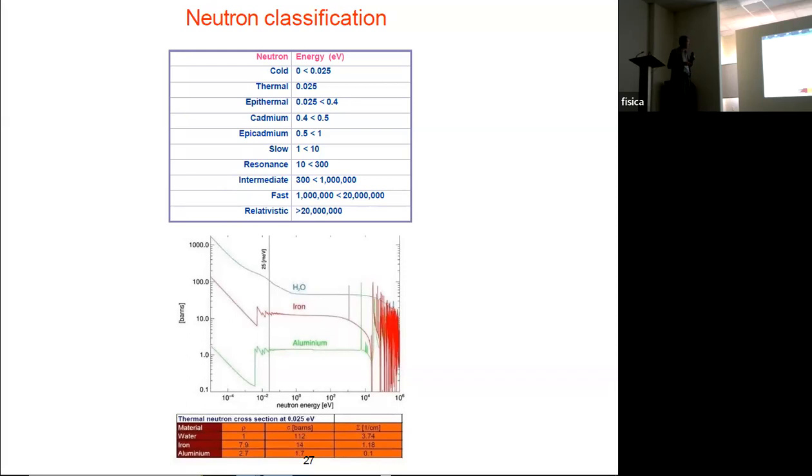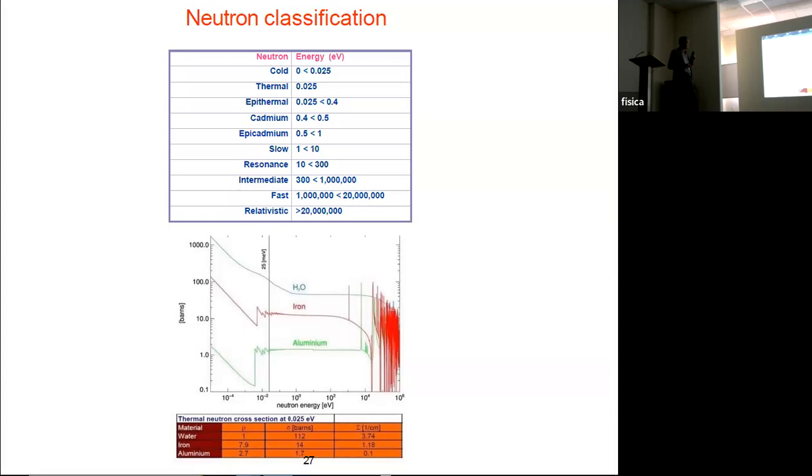But this, frankly speaking, is a quite rough categorization of neutrons, because in some literature you can find different energies and different names for these neutrons, but basically I use this table.